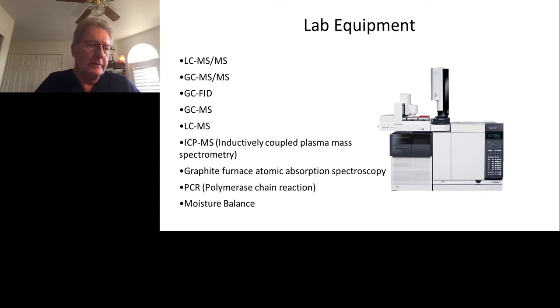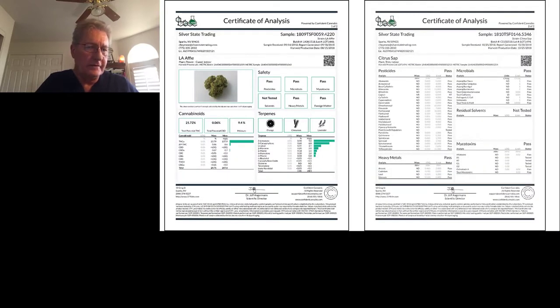LC-MS/MS is really a great way to have analysis. And this is an example of a certificate of analysis. This is in reference to an LA-AFI flower that is being tested out of Nevada.